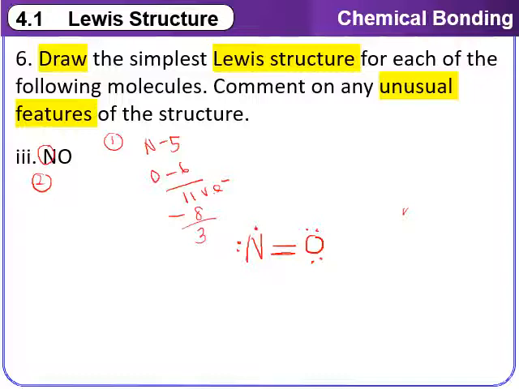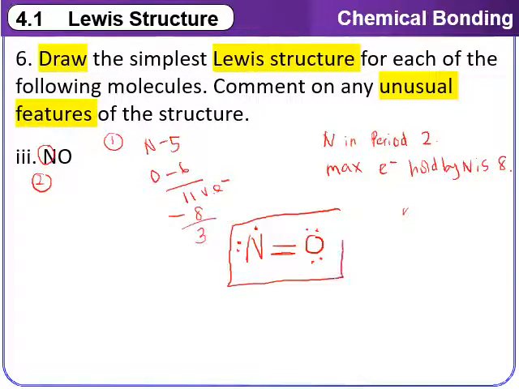Is it possible for us to move another pair of electrons and form a triple bond here? This is not possible because nitrogen is in period 2. So the maximum number of electrons that can be held by nitrogen is 8 electrons. So 7 in this case is the maximum already. So this is the Lewis structure for NO.